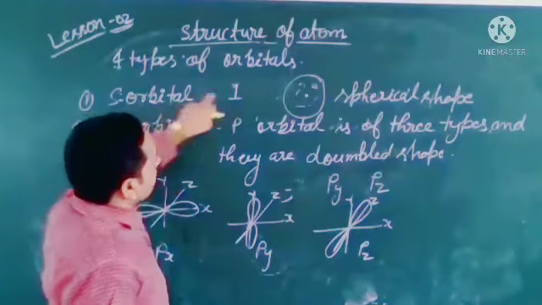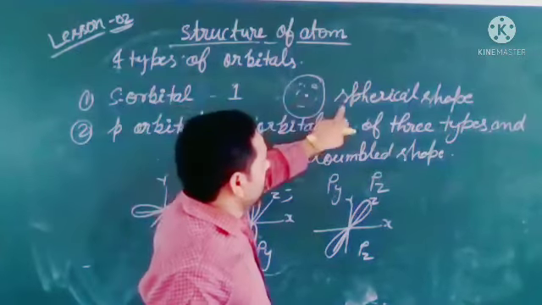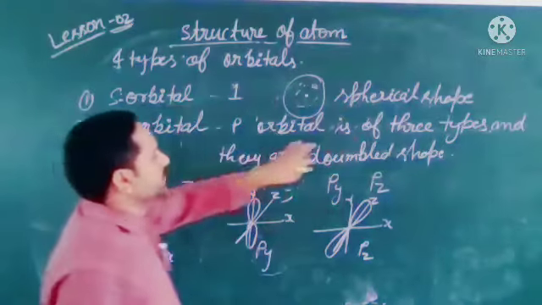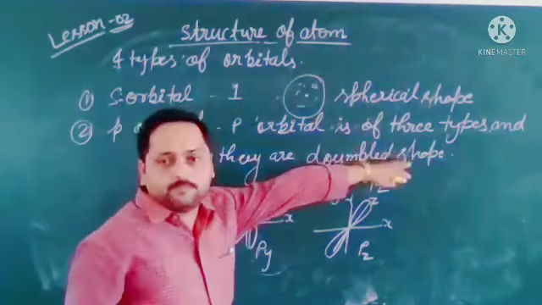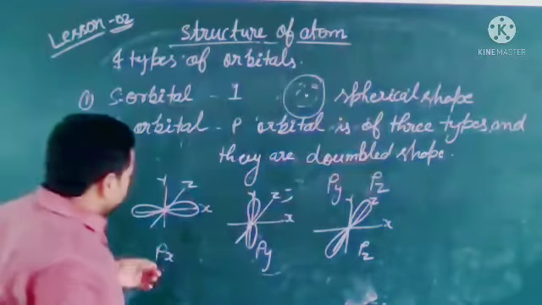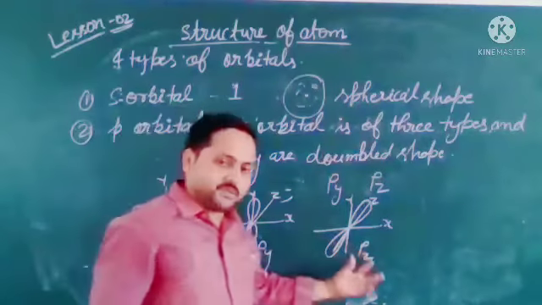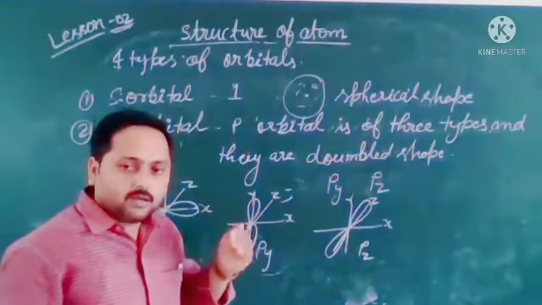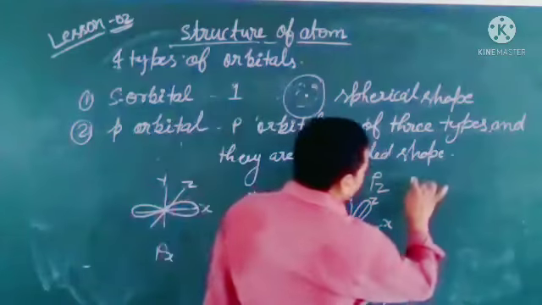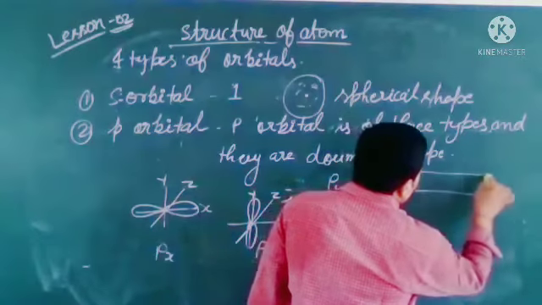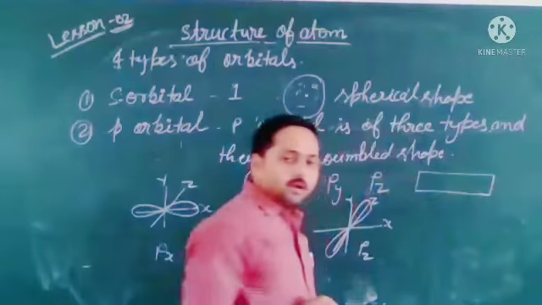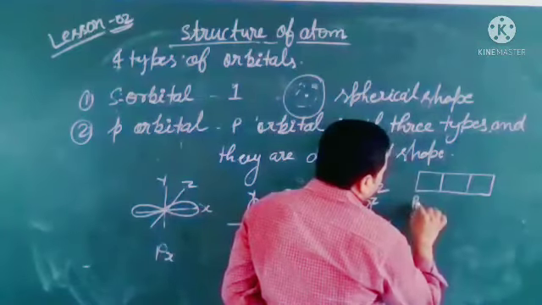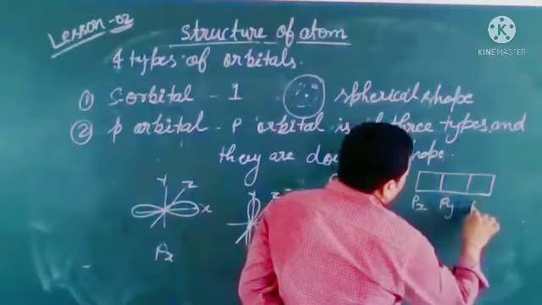Here, the s orbital has a spherical shape and is only one type. The p orbital is of three types and they are dumbbell shaped. The types are Px, Py, Pz. In further study we will represent orbitals like this, with three boxes for px, py, and pz.